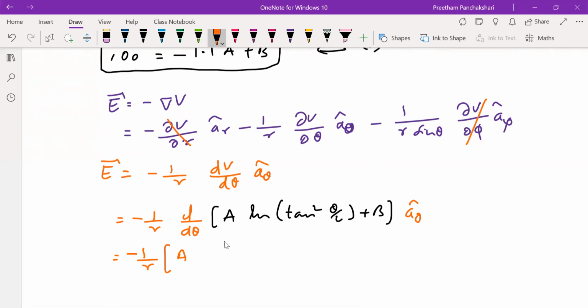Differentiation of log is 1 by tan square theta by 2, into differentiation of tan square, which is 2 tan theta by 2, into differentiation of tan, which is secant square theta by 2, into differentiation of theta by 2, which is 1 by 2, into differentiation of theta, which is 1. So completely every term is differentiated. Differentiation of B is 0. So we are left with A a theta.